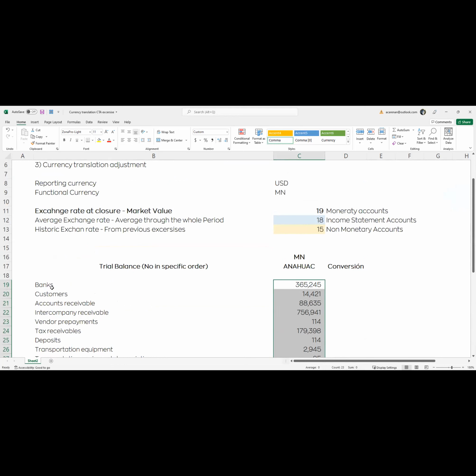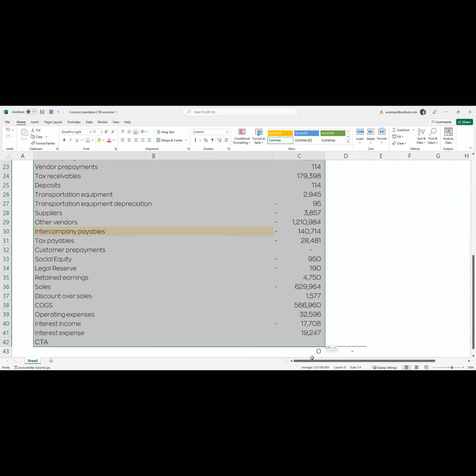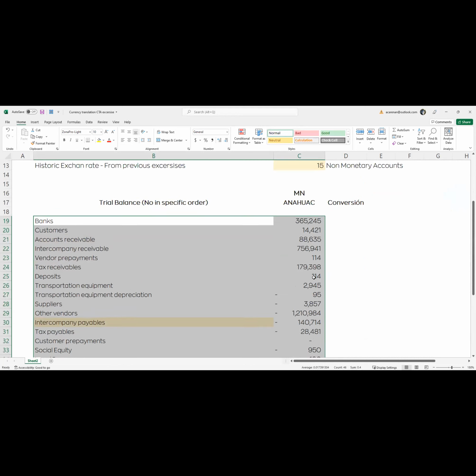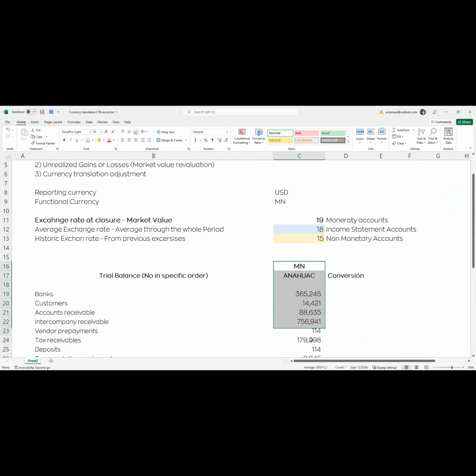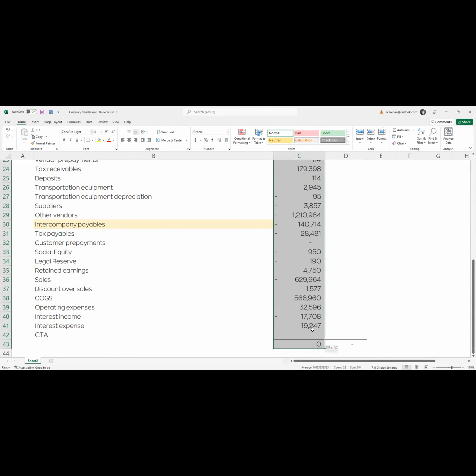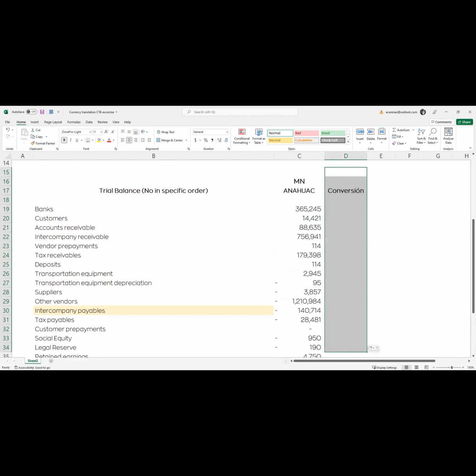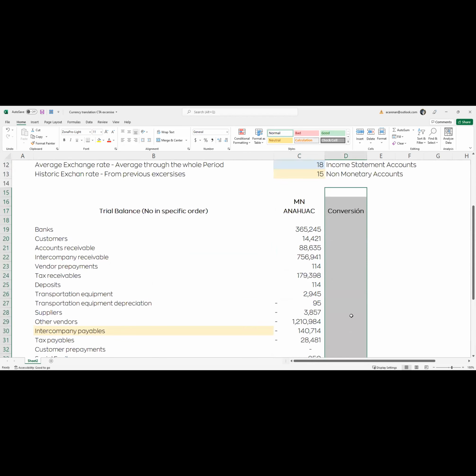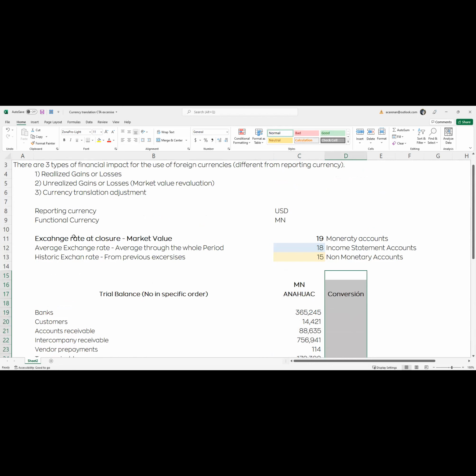So what we will do, and this is kind of a real exercise, is start converting this Mexican pesos balance to US dollars. How will you do it? Apply the exchange rate for monetary accounts. The monetary accounts are the ones usually considered liquid accounts.